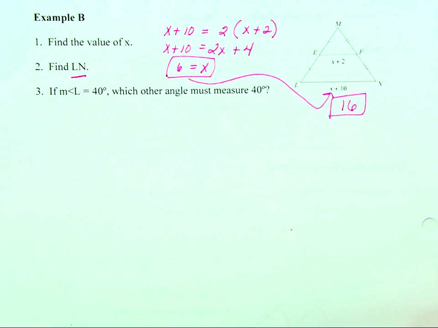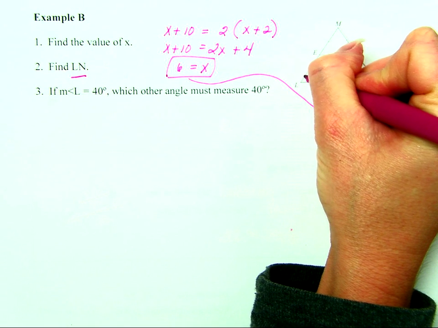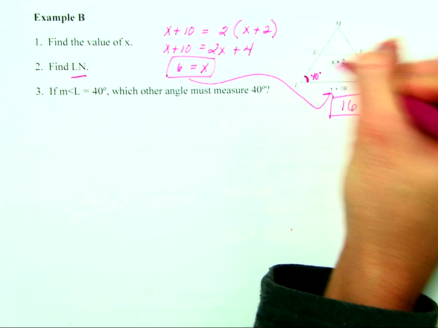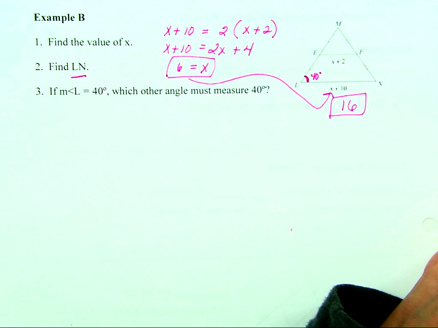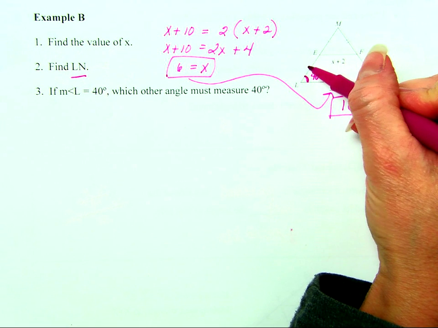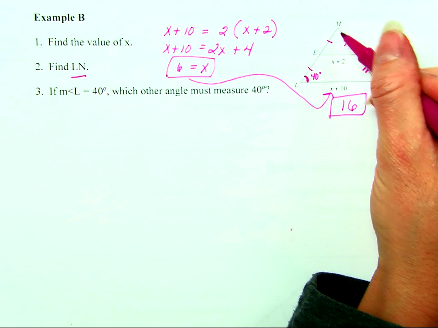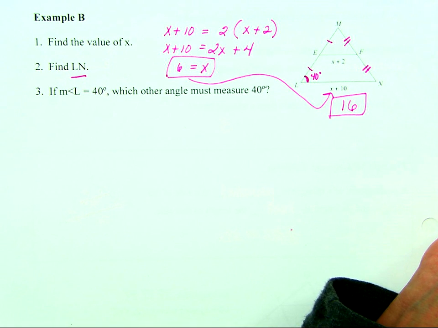Lastly, they're stating that if the measure of angle L is 40 degrees, which other angle must be 40 degrees? So this angle right in here, 40 degrees. Now I'll tell you the answer is not angle N. Based on these tick marks here, these being singles and these being doubles, this is not an isosceles triangle.